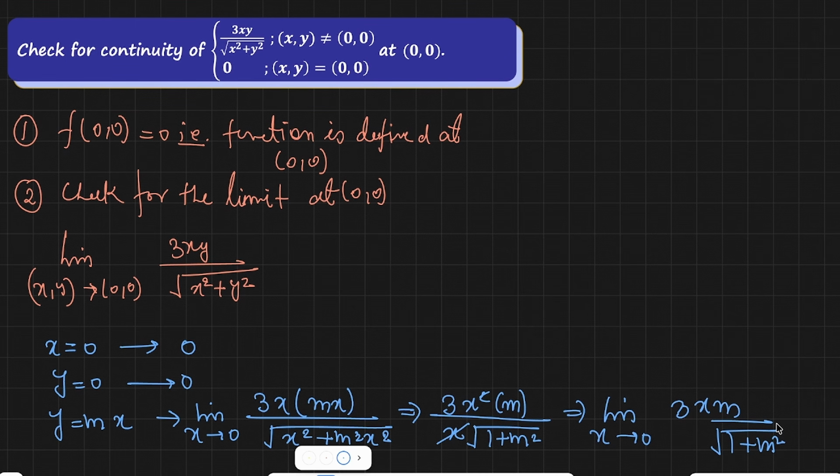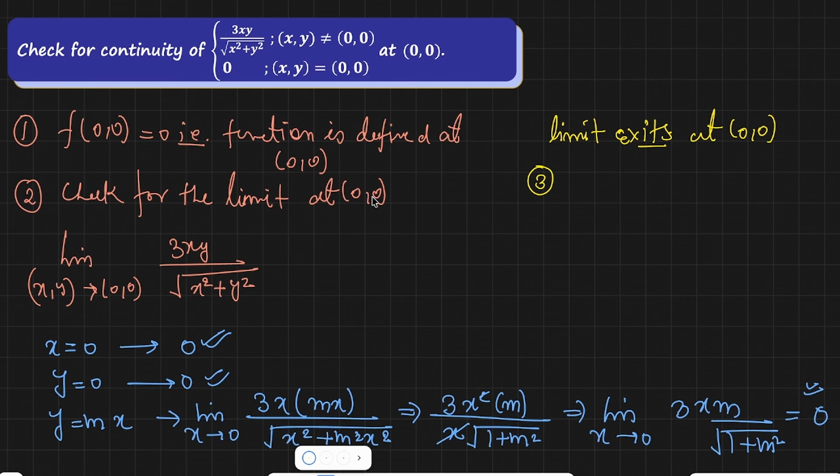When I put x tending to 0, this is equal to 0. Now you see, this limit is 0, this limit is also 0. It means now you can say the limit exists at 0 comma 0.